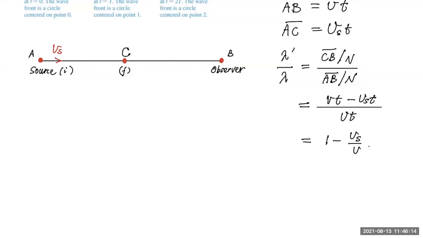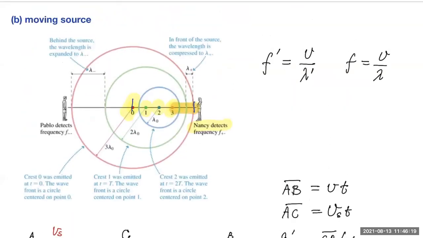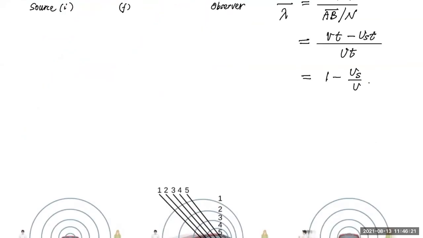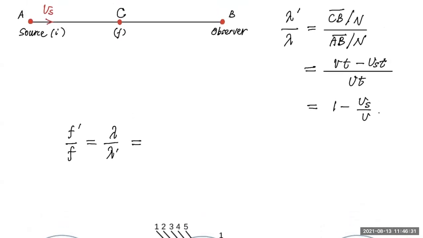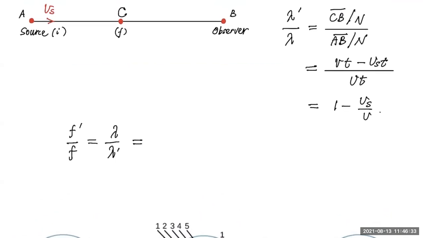But the frequency is inversely proportional to the wavelength, isn't it? So I have f prime over f equal to lambda over lambda prime. What is lambda over lambda prime? It's the inverse of lambda prime over lambda, right?